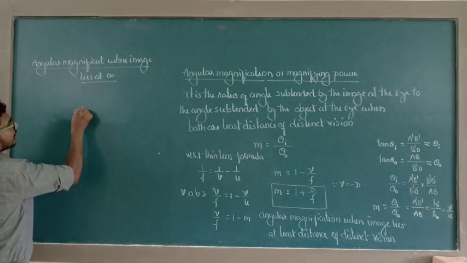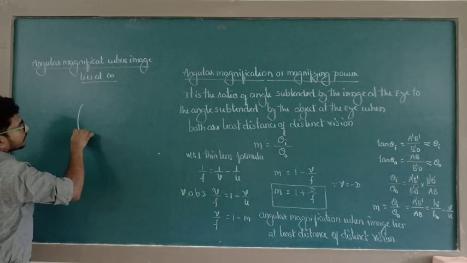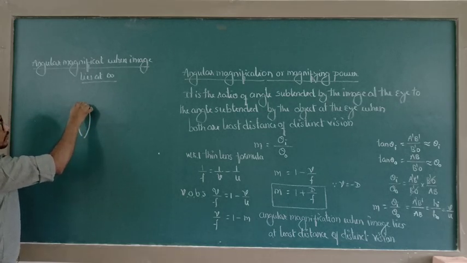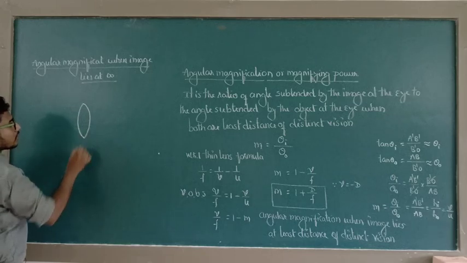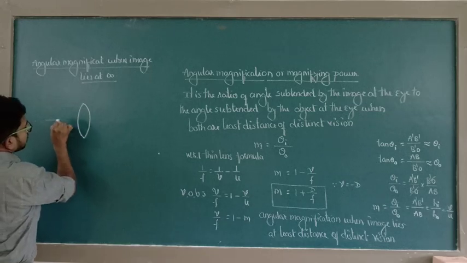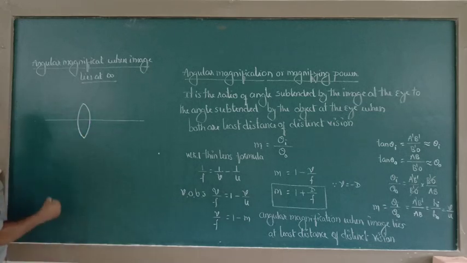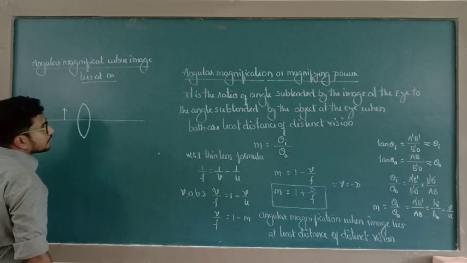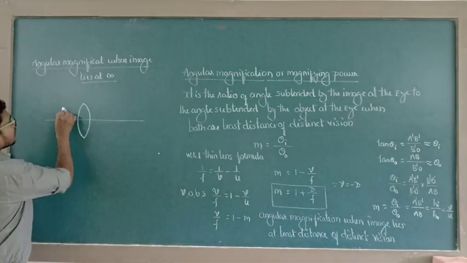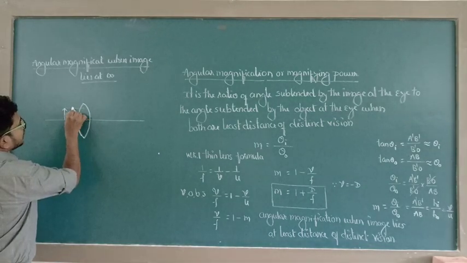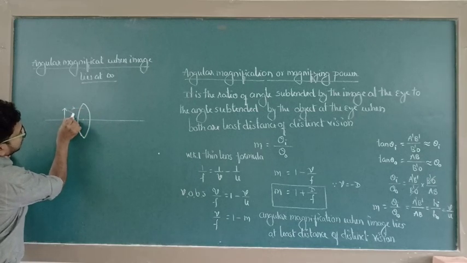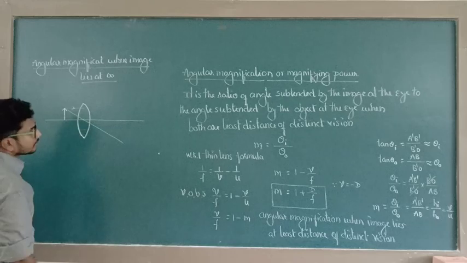So let us consider a convex lens. Principal axis. Let us consider the object lies at the principal focus. So there is a need of two light rays, an incident light ray parallel to the principal axis, and an incident light ray made to pass through the optical center.